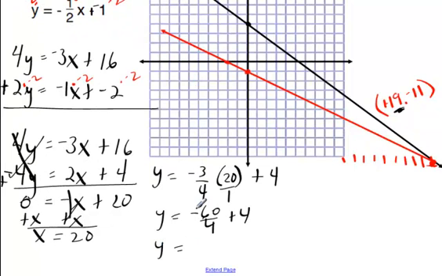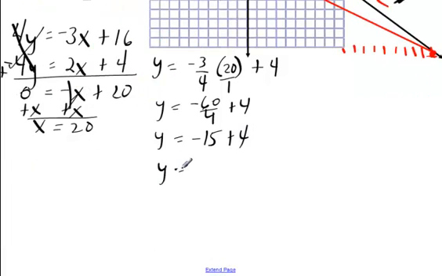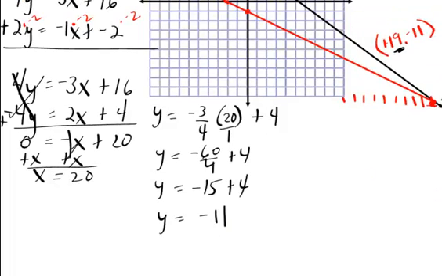So y equals, that's going to be a negative, 4 goes in there 15 times. And so finally y equals negative 11, which again is pretty close to what we thought, huh? So my solution is x is 20 and y is negative 11.